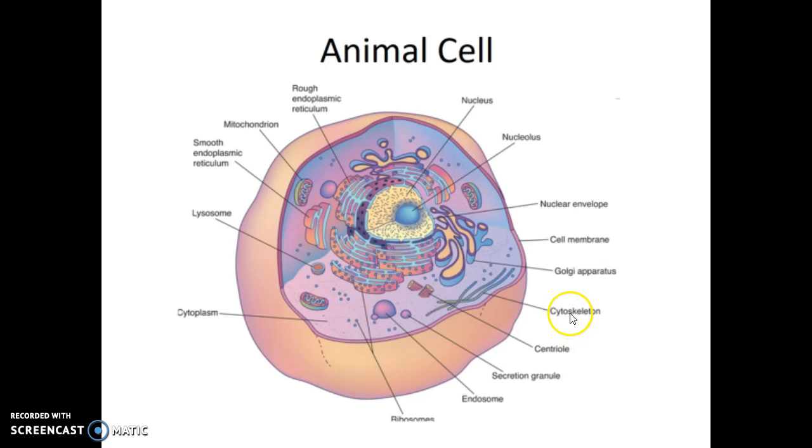Other ones would include cytoskeletons, which are these string-like things, the Golgi Apparatus, the Nucleolus, right in the center of the nucleus, the Endoplasmic Reticulum, there's the rough, and then there's the smooth. They have separate functions. Lysosomes, and kind of cut off here, these tiny ones are ribosomes. Those are some of the organelles that we're going to be looking at within an animal cell.